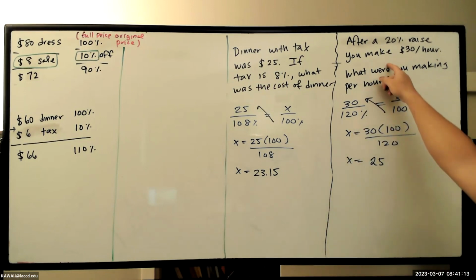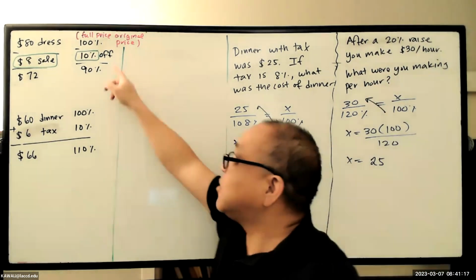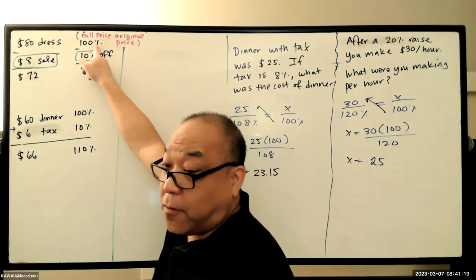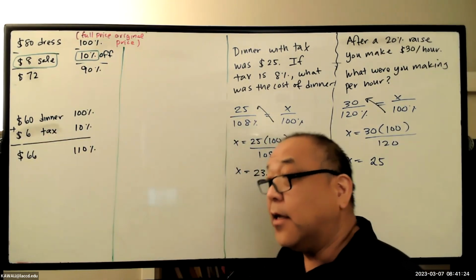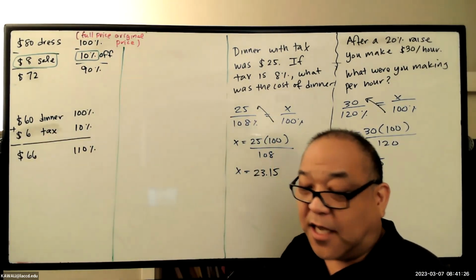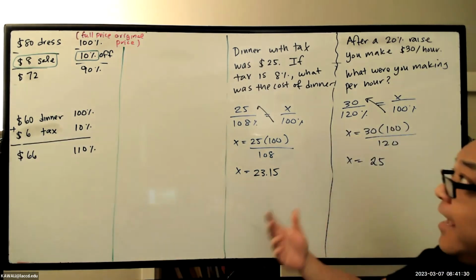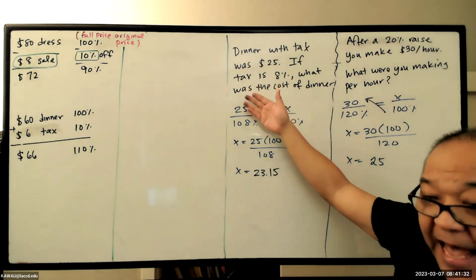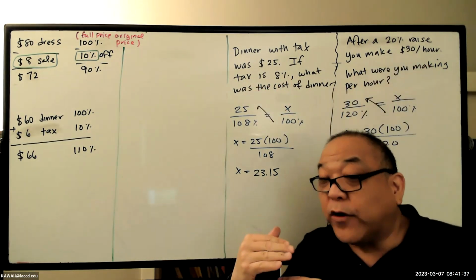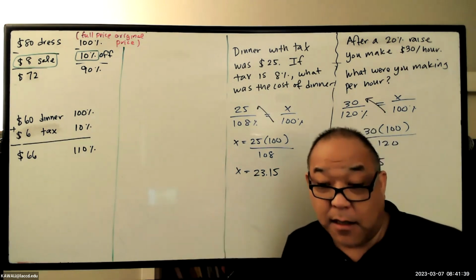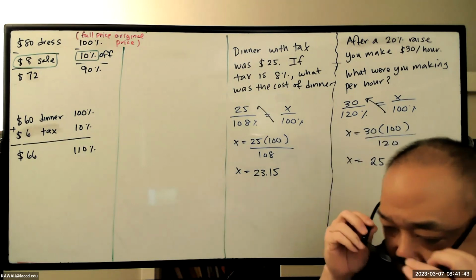When you get a raise, it increases from what you originally had. So remember that 100% is the original or the full price. Whenever they say something like a sale, a discount, or you lose weight, that's a minus. Anytime you gain weight, pay tax, or get a raise, anything that makes the original go up, that's when you add. Does that make sense? Yes, it does. Thank you. Okay, thank you for your question.